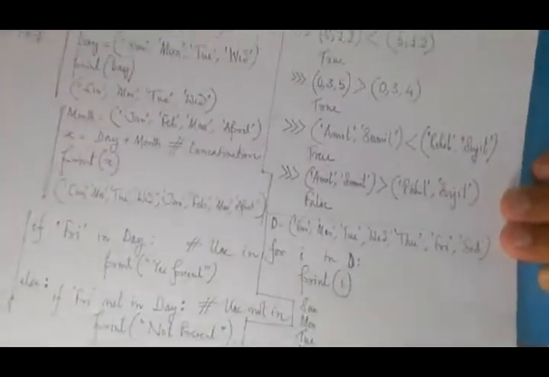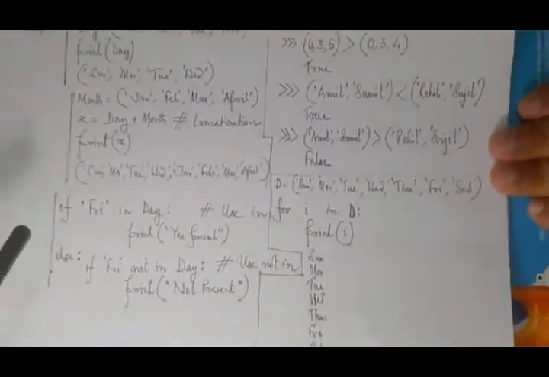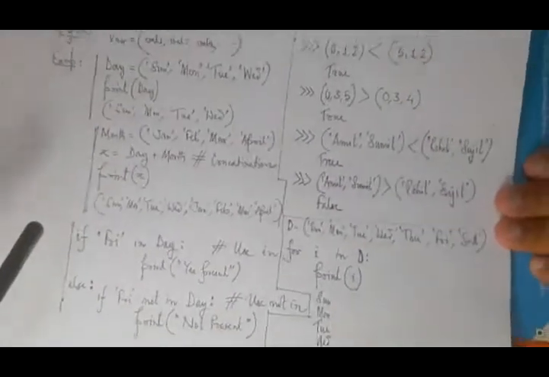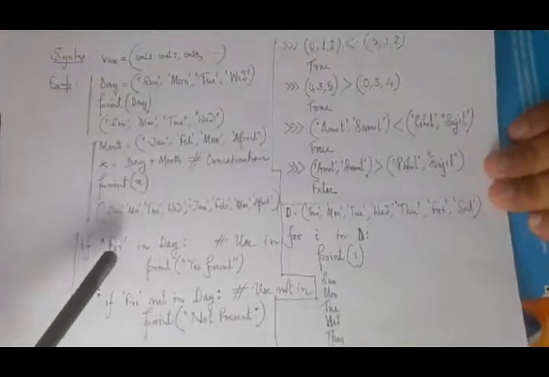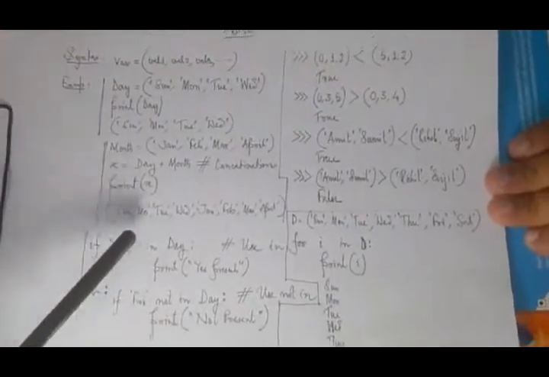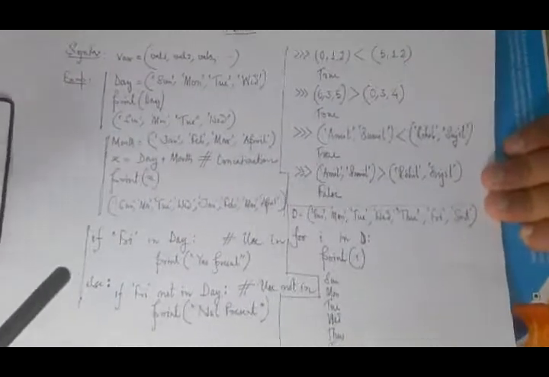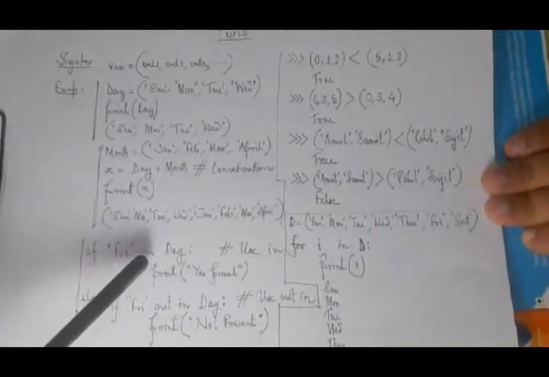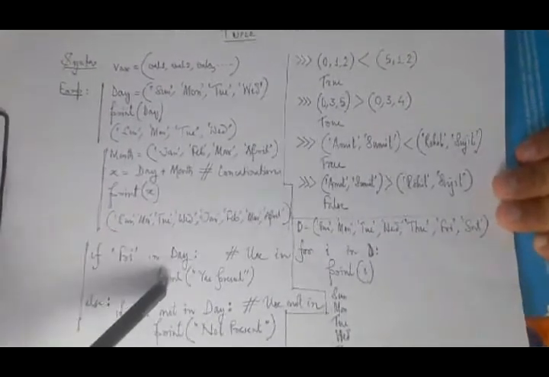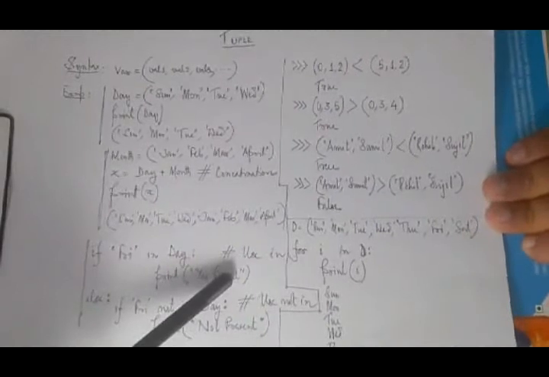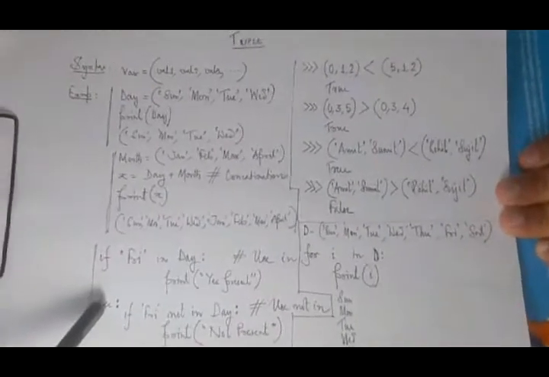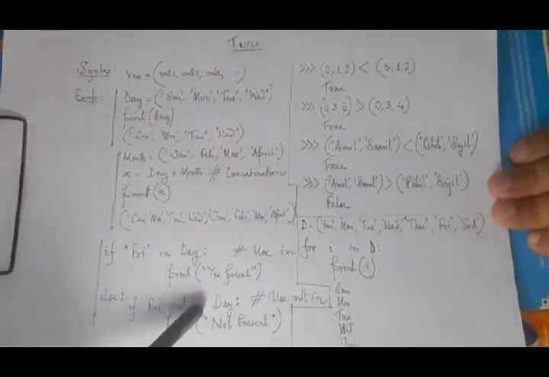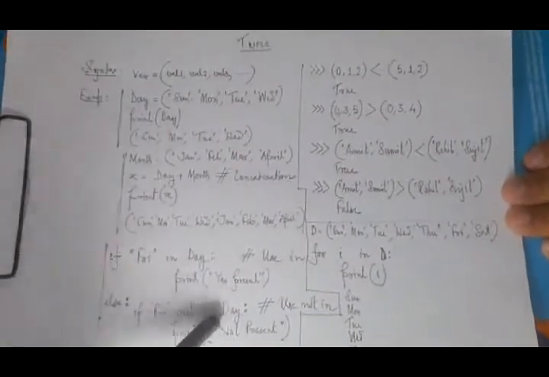Now you can check whether a particular value is present in the tuple or not. How? If, say, we want to check whether Friday is present in the day tuple. If Friday in day, print yes, it is present. Else if Friday not in day, see, it's a new thing.